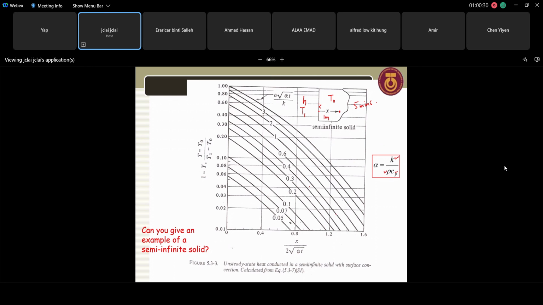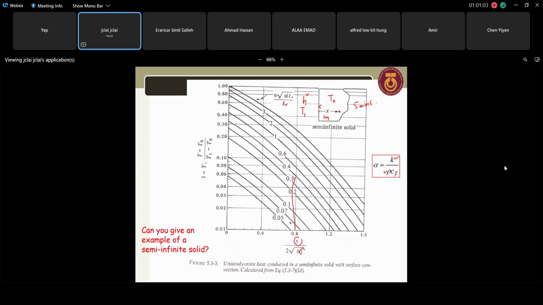With alpha, distance 1 meter, and time 5 minutes, you know the X. Then which curve to refer to depends on H of the surrounding, time, alpha, and K of the object. Let's say you get 0.4. Let's say your X is 0.8.